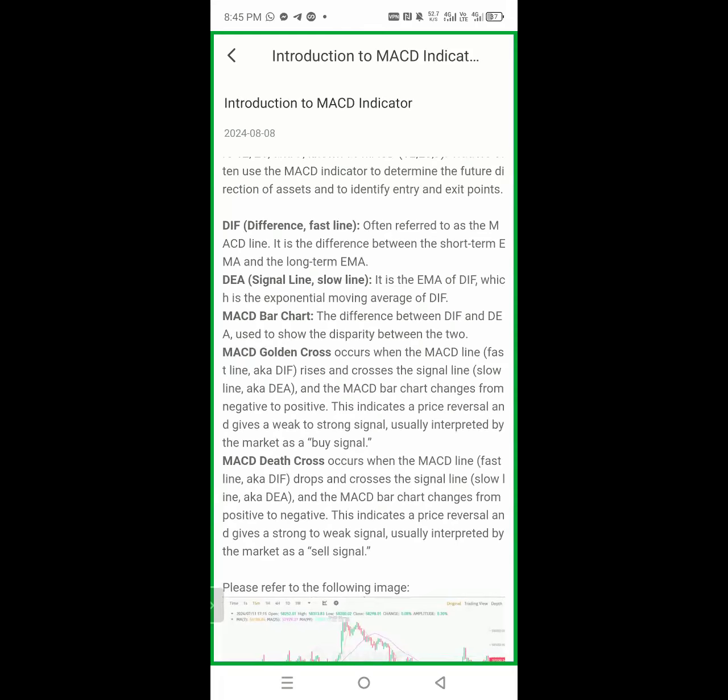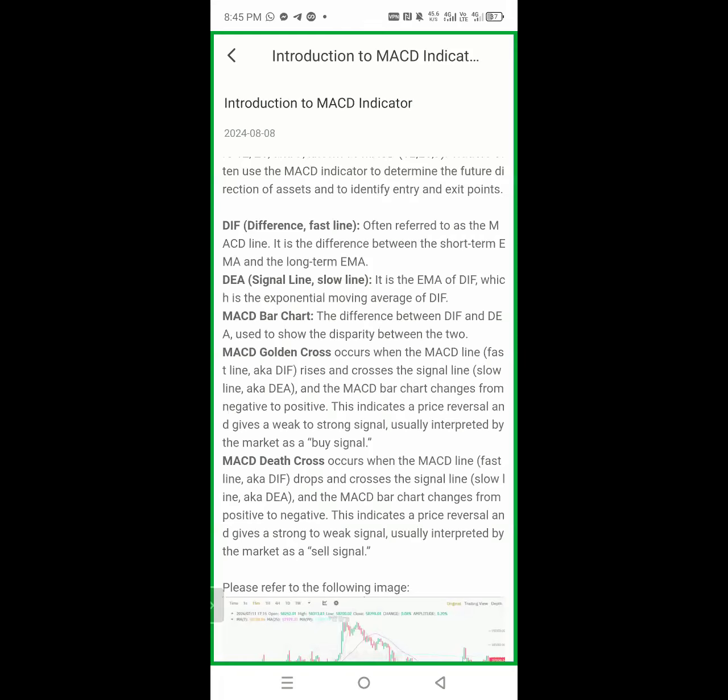In our RoyalQ it is the golden, yellow line. It is the difference between the short-term exponential moving average and the long-term exponential moving average.